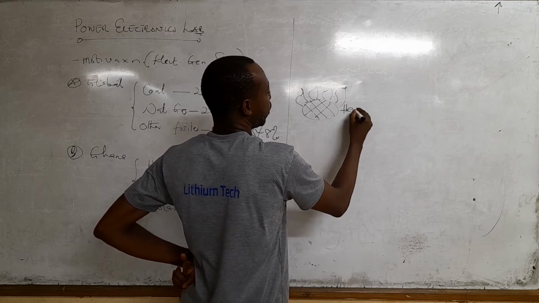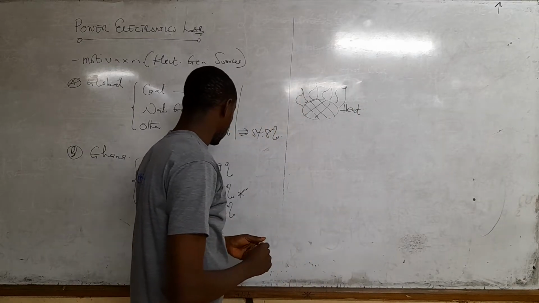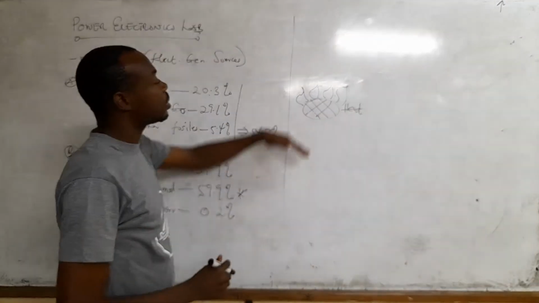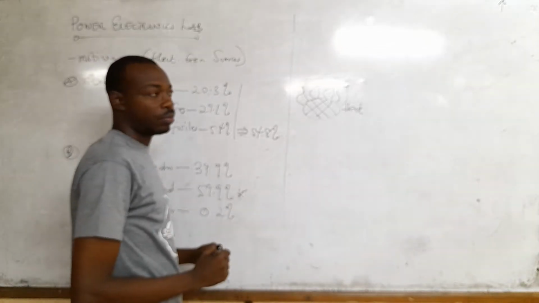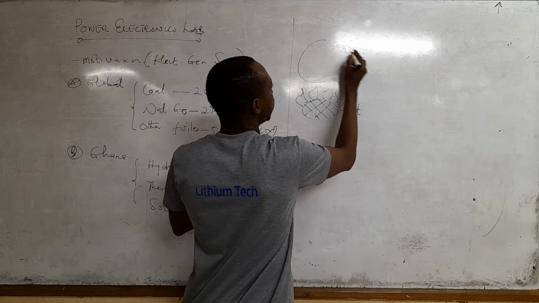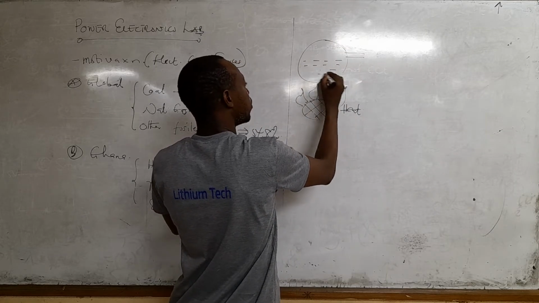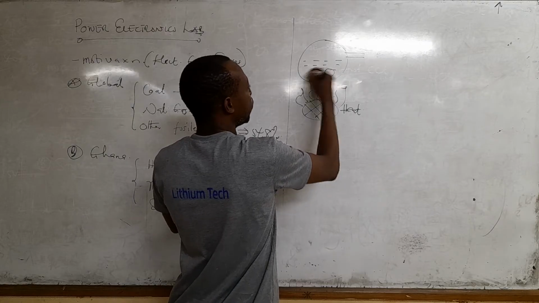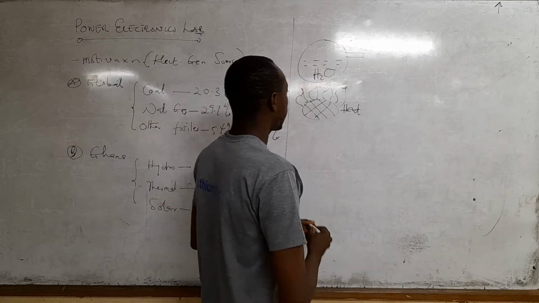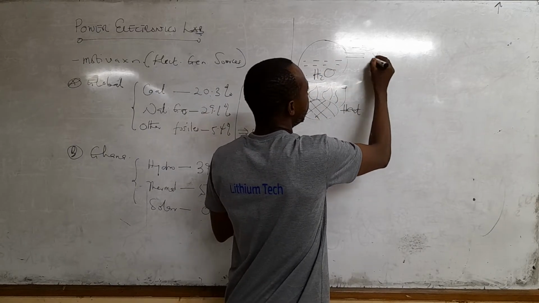So we get our heat energy, and we can just use it to heat a boiler. If I have a boiler here with water inside it, when I apply heat in this direction, at the end of the day we are going to get steam.